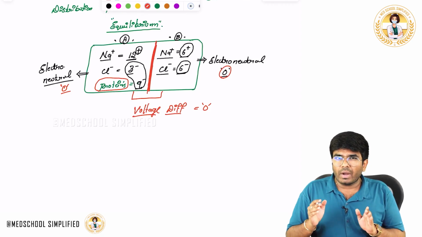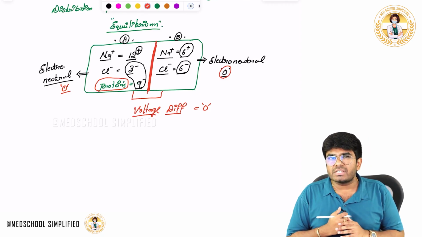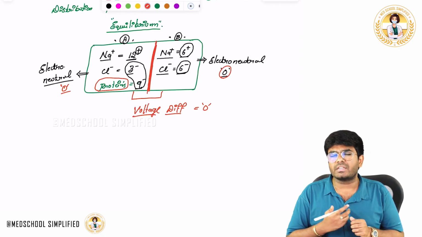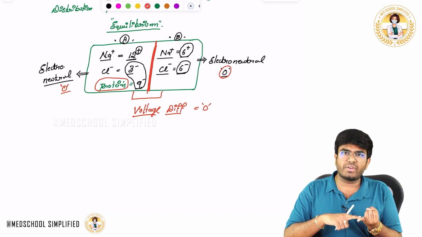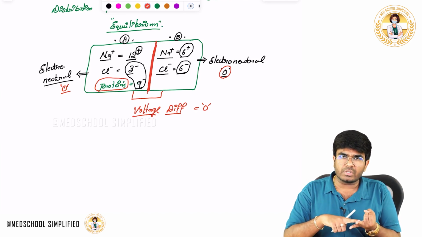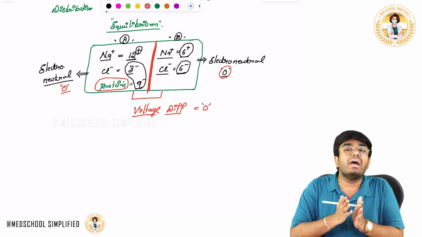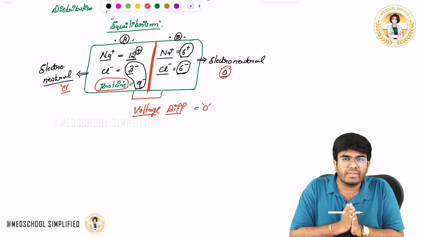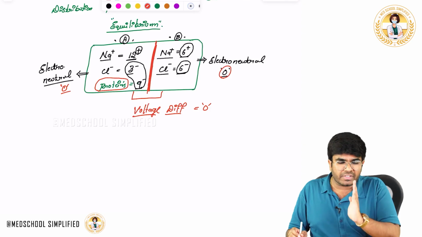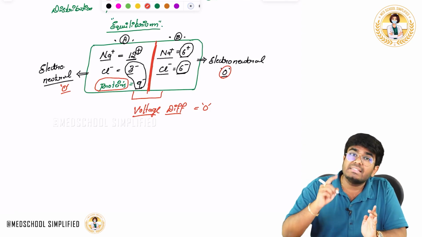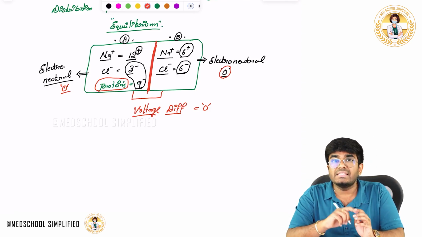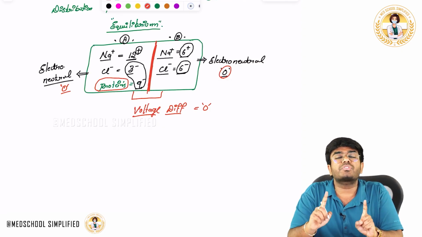Now, what I am trying to put into your mind: is resting membrane potential attained? No, resting membrane potential is not attained. For resting membrane potential, we say the voltage difference is minus 90 millivolts, minus 70 millivolts. So far, what I have discussed with you is the Donnan effect. The first step, the Donnan effect, is creating unequal distribution of ions.